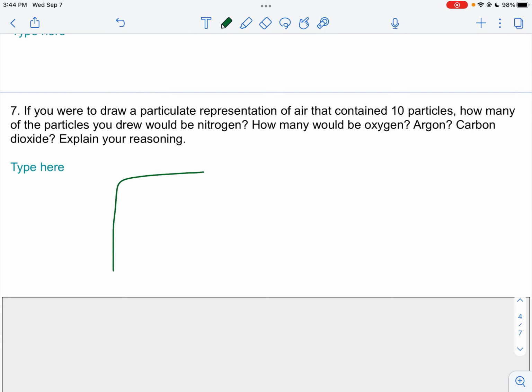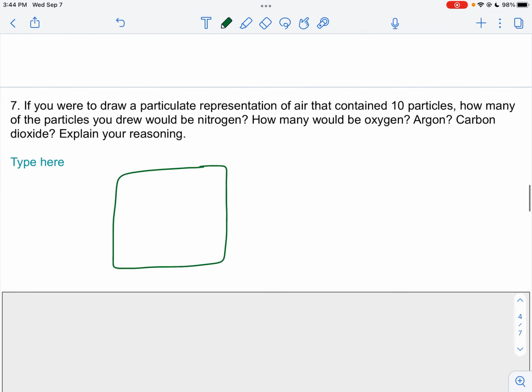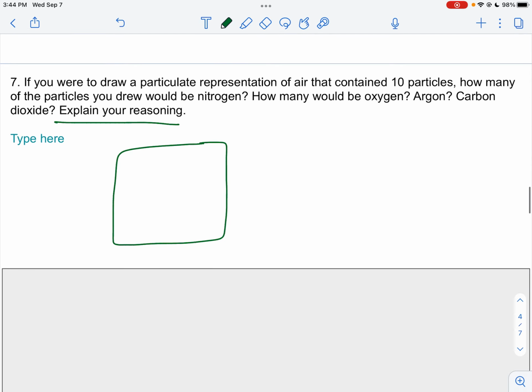If you have 10 particles, how many total do you think would be nitrogen? How many would be oxygen? How many would be argon? And then explain your reasoning. You do not have to draw it unless you want to, and then just explain how you got there.